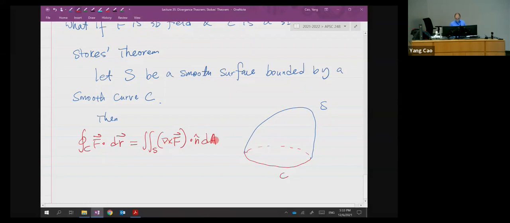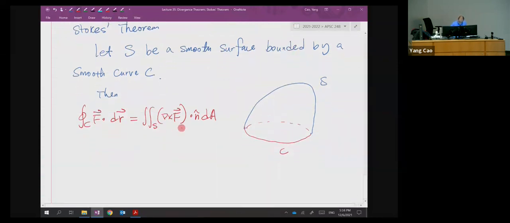So Stokes' theorem establishes a connection between the vector line integral and a surface integral. Within this formula, the n hat is the unit normal vector to surface S.